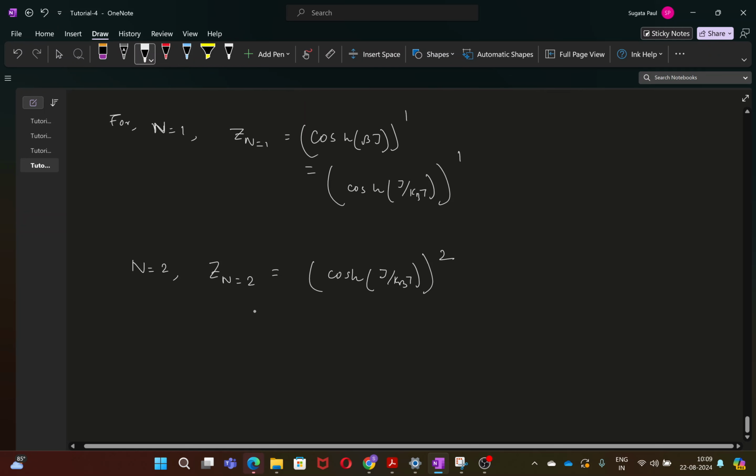So just like that, if you continue, you will see that for n equal to 3, your partition function value will be cos hyperbolic j by kbt to the power of 3.